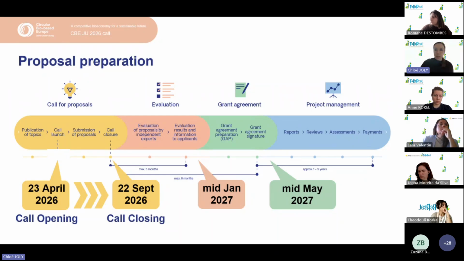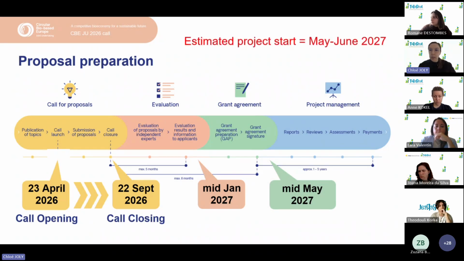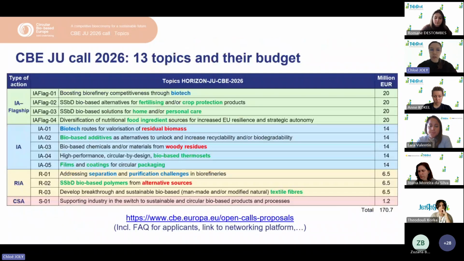Just to remind you also that today we already know the topics that are eligible and open. You have all the list here, and you have the details of each topic in the annual work program available on the CBE website.